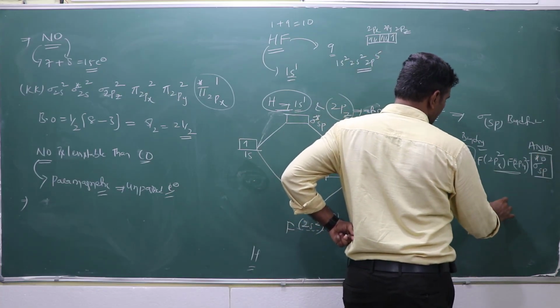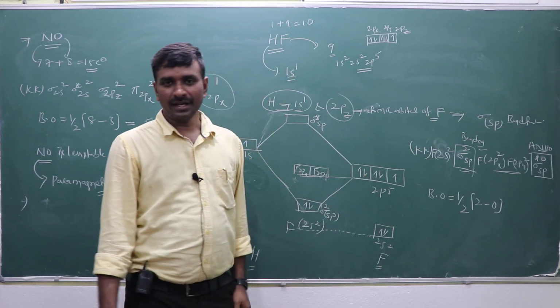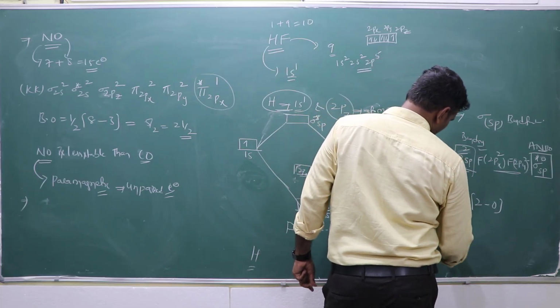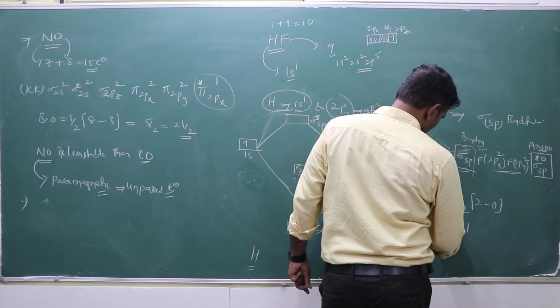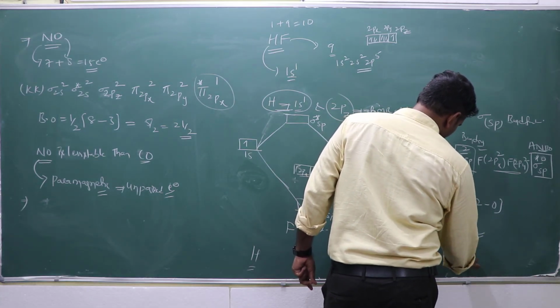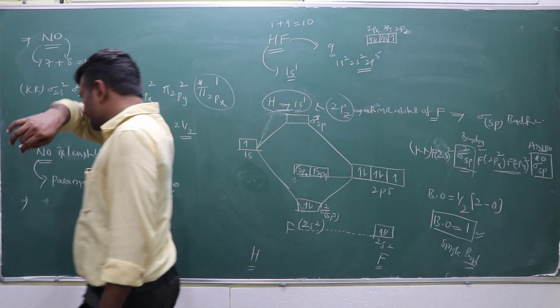How many anti-bonding electrons? 0, because these are not participated in the bonding. So bond order is 1. That means which bond may be existing? Single bond.